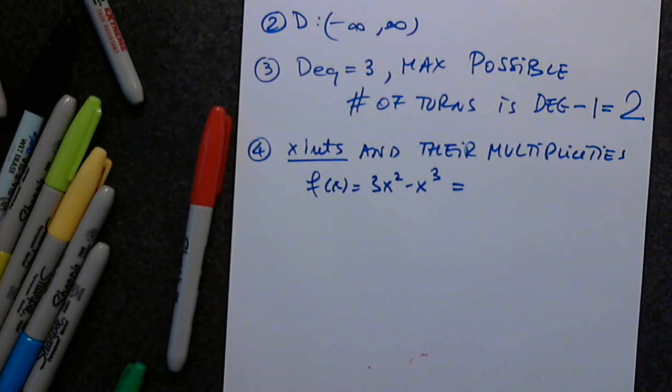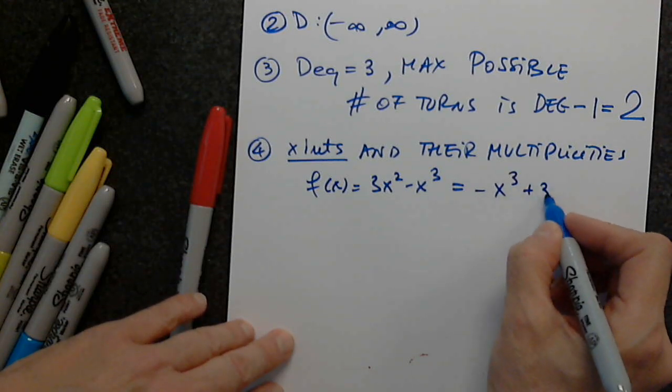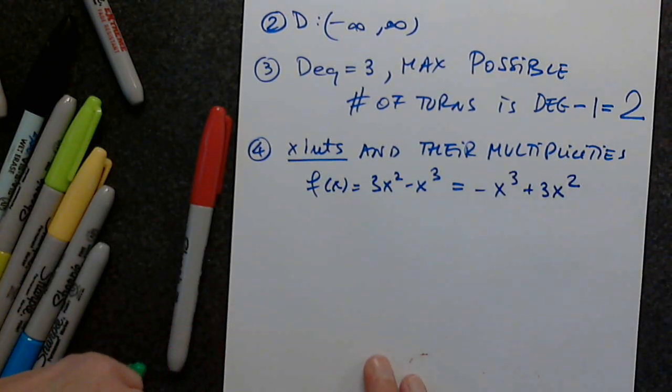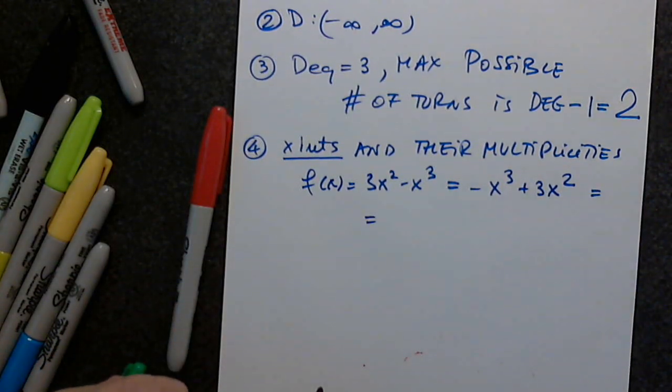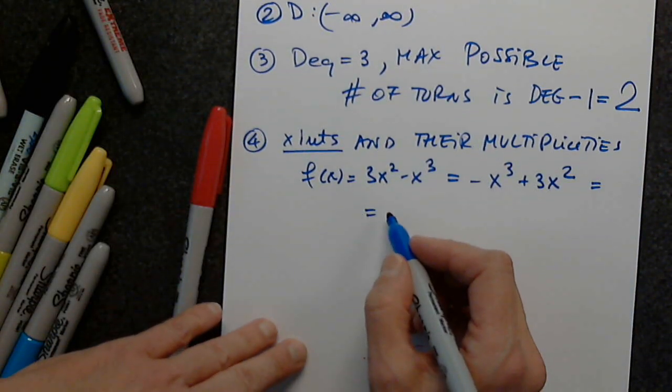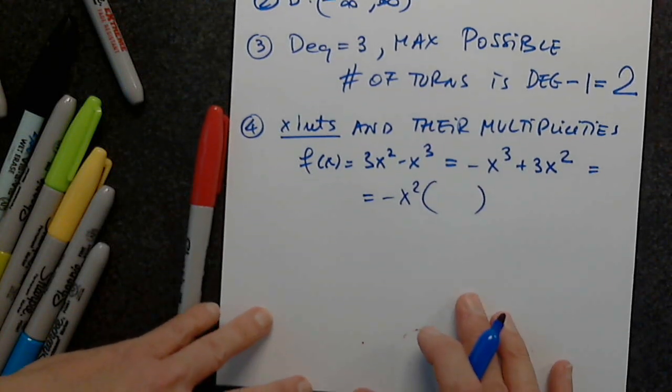And I see that I can factor out something, including the negative leading coefficient, which is crucial right now. So what will I factor out? Perfect. What is left in parentheses?